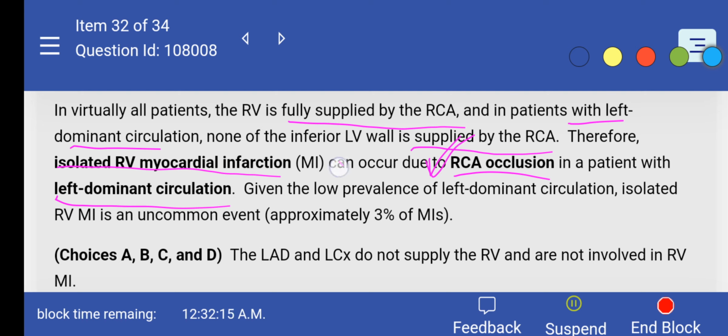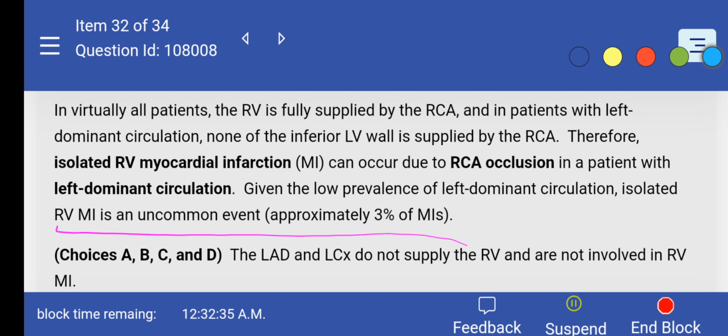Given the low prevalence of left dominant circulation, isolated right ventricular MI is an uncommon event, approximately 3% of myocardial infarctions. So it is less common, but they have mentioned this just for checking your knowledge.